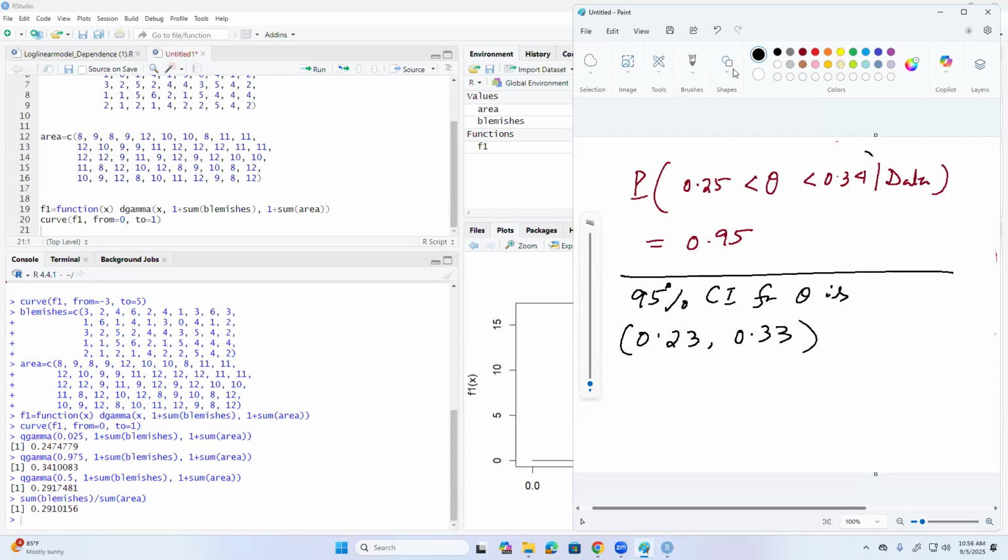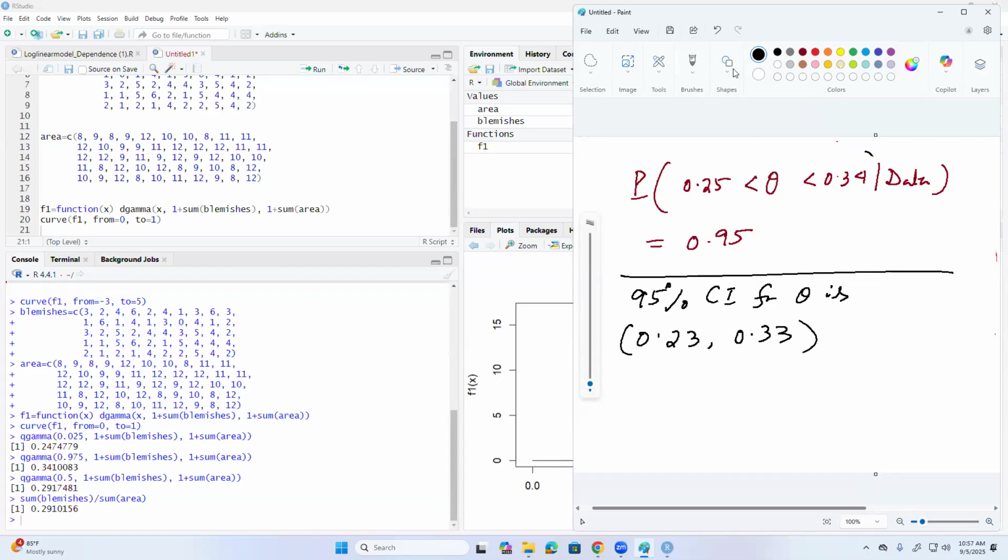Classical intervals are interpreted as follows. Suppose you repeatedly draw samples from the underlying population, and every time you calculate the confidence interval using the formula that you have used to calculate this value. Then 95% of the time your interval will contain the true parameter theta, and 5% of the time it will not, but it cannot say what happens to this particular interval.